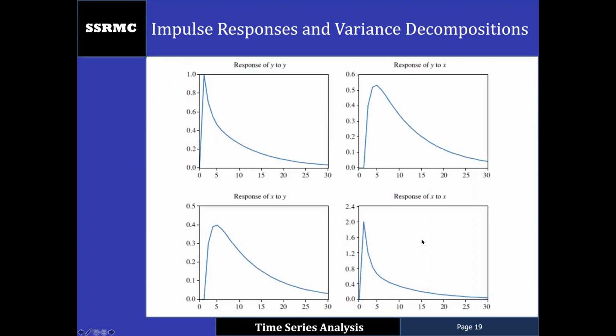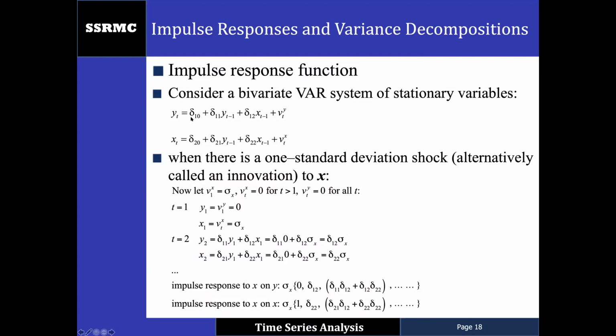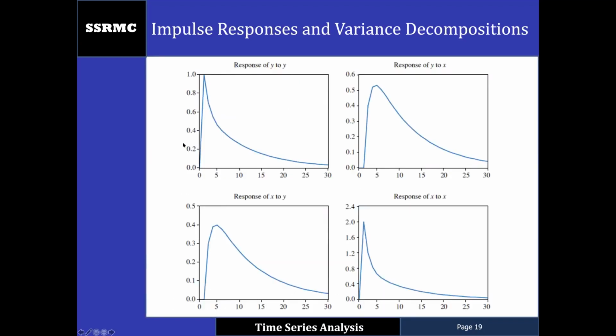Once we know the value of those coefficients, as shown on previous slides, so the value of those deltas, and the size of the standard deviation, assume that's 1, then we can plot or calculate the value of those impulse response functions and demonstrate the effect.